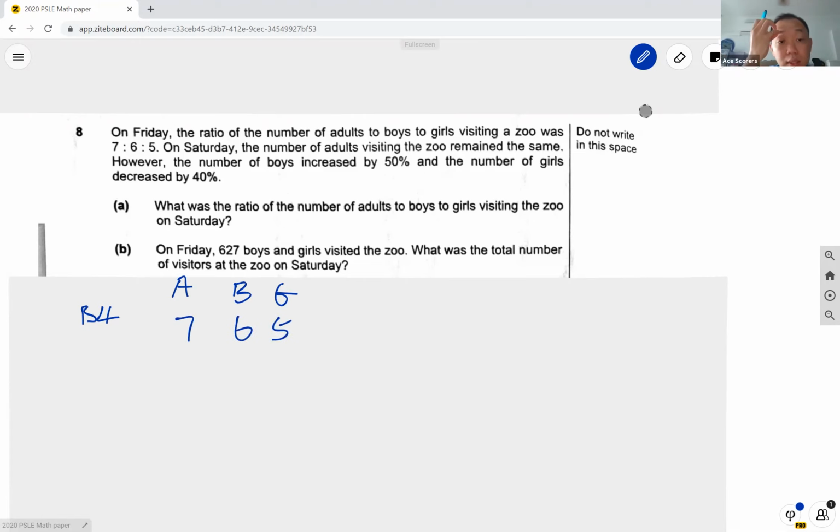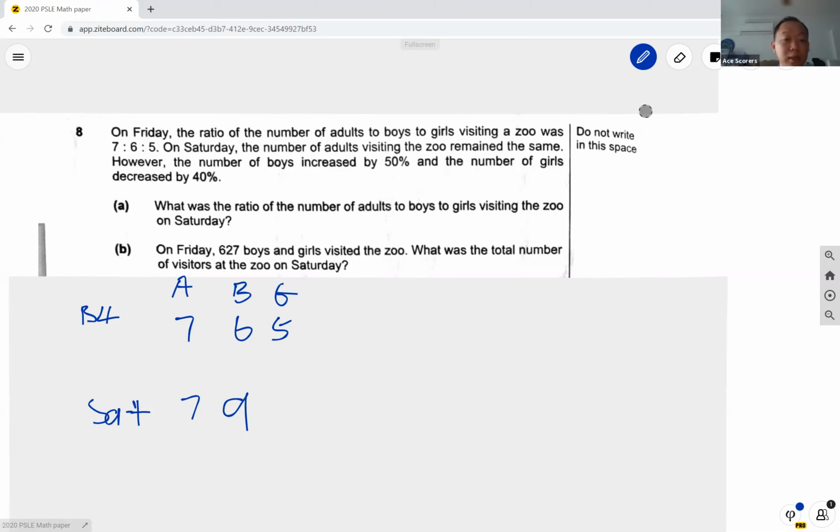On Saturday, the number of adults remained the same. So Saturday, right? So this was 7, same 7 units. Number of boys increased by 50%. So this became 9 units. And the number of girls decreased by 40%.